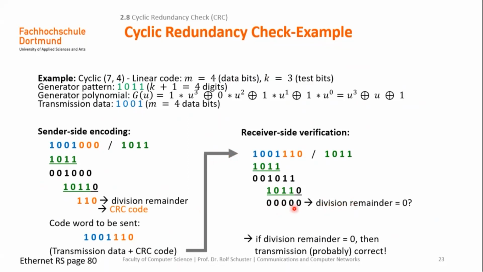If the remainder is 0, then no errors occurred. But if this remainder is different from 0, it means that an error is detected, and in the case of Ethernet frames, the Ethernet frame must be discarded.